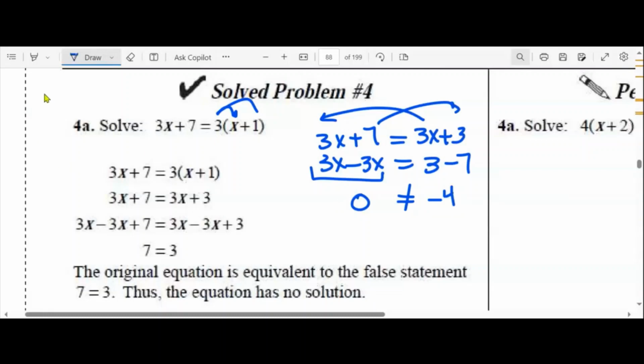Therefore, how many solutions do we have? We have conditional, the conditional thing that we solved before. But now we have contradiction. What does contradiction mean in Arabic? Contradict yourself.